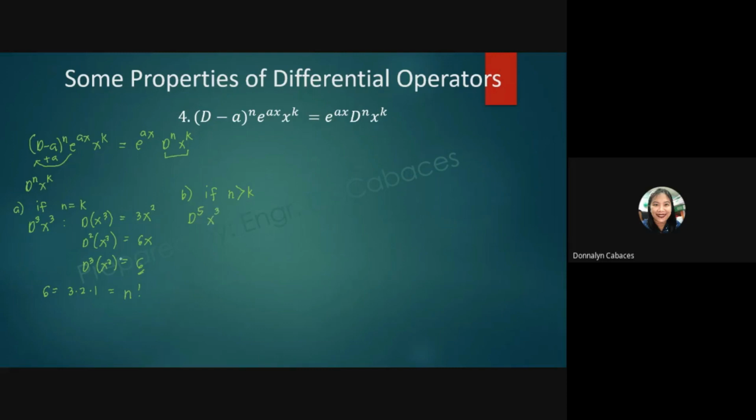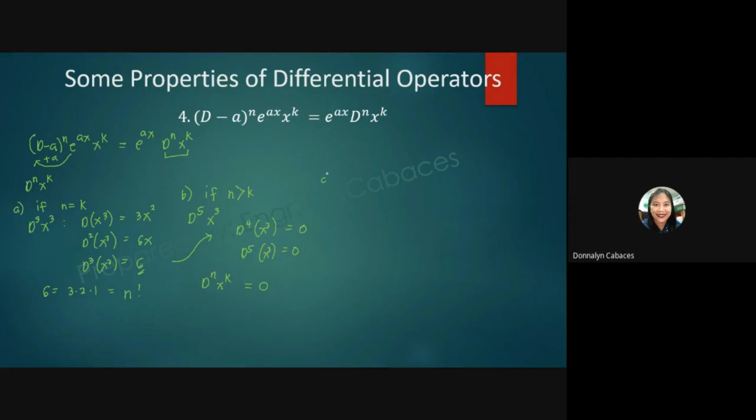Okay, so again, similar to this, we found out that the third derivative is 6. So let me just continue here. So what is then the fourth derivative of x cubed? That is now 0. And the fifth derivative of x cubed is 0. Okay, therefore, in general, if n is greater than k, then D to the n of x to the k is equal to 0.